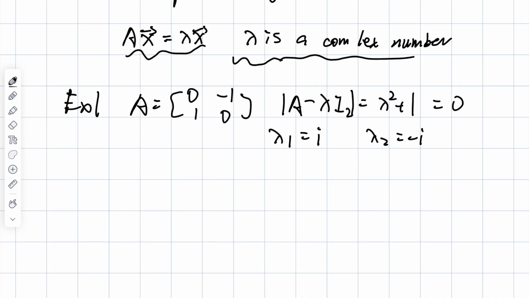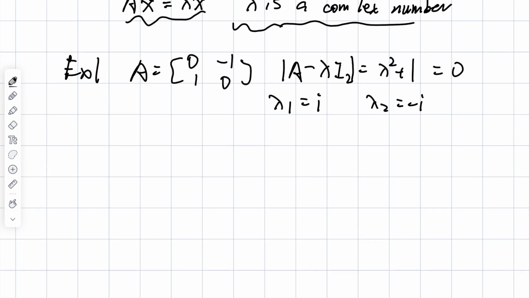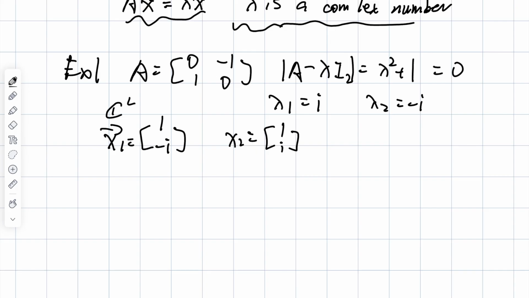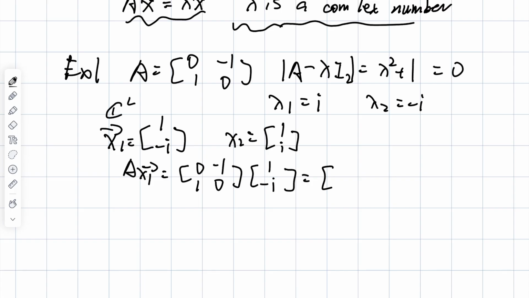This means that if we allow A to act on the complex plane, we can find two vectors, x1 equals (1, -i) and x2 equals (1, i). Multiplying A x1 gives you (-i, 1), which is i times (1, -i).